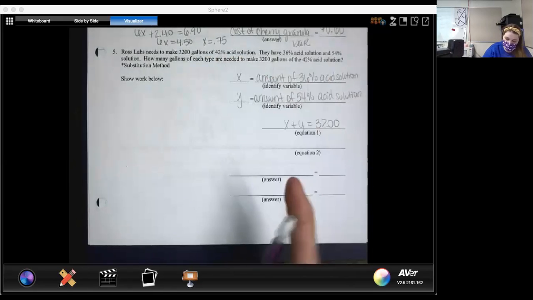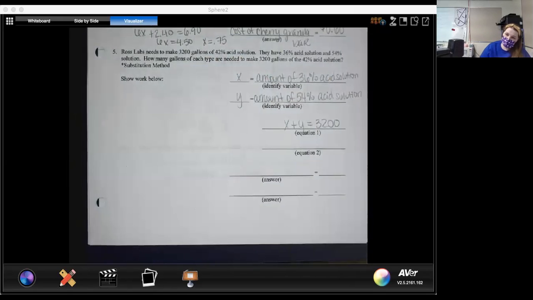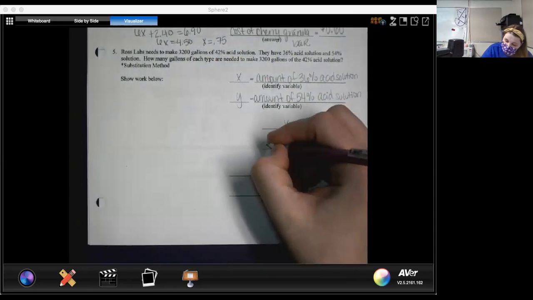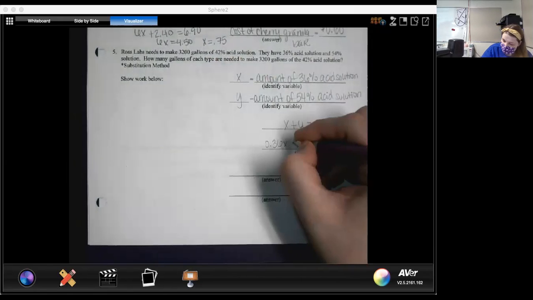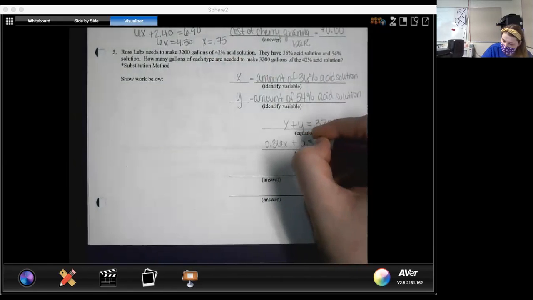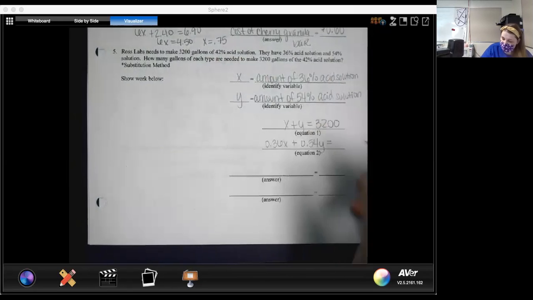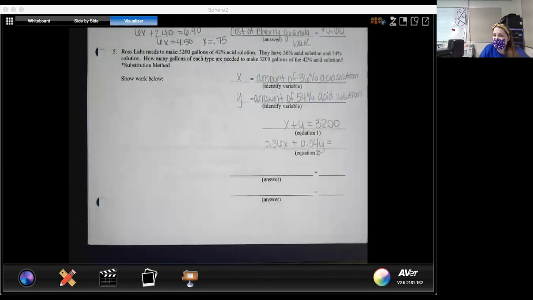Will I use percents in my coefficients? I'm going to need to use decimals because it's a percentage of. So I'm going to have 0.36x plus 0.54y equals. Now, here's the tricky part. What does it equal? It's not 0.42. It's not only 0.42, I'll say that.